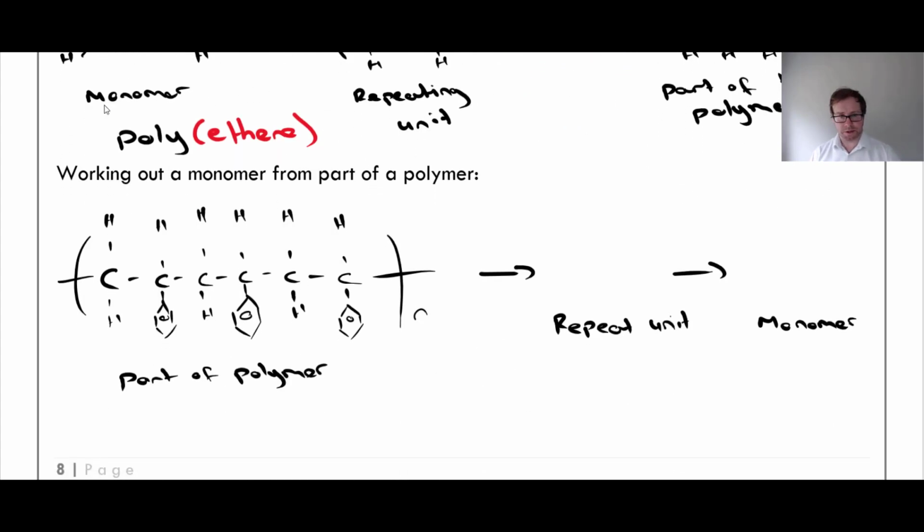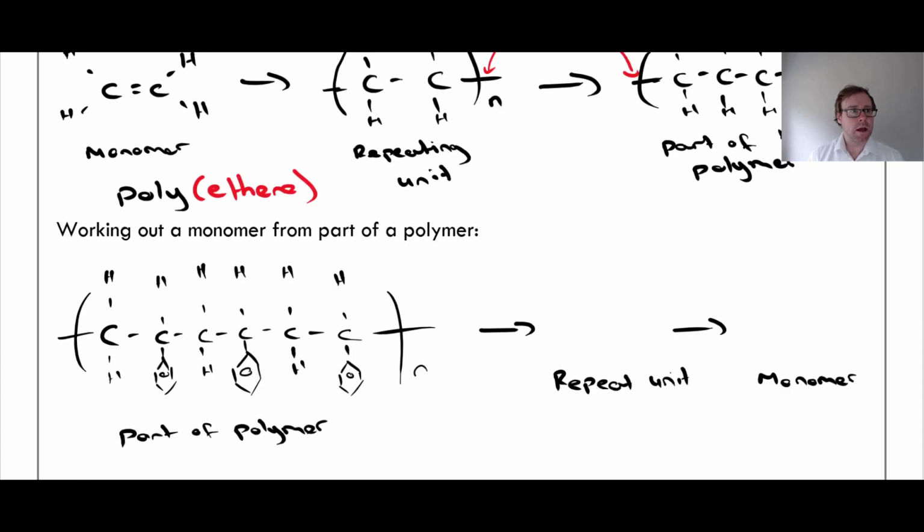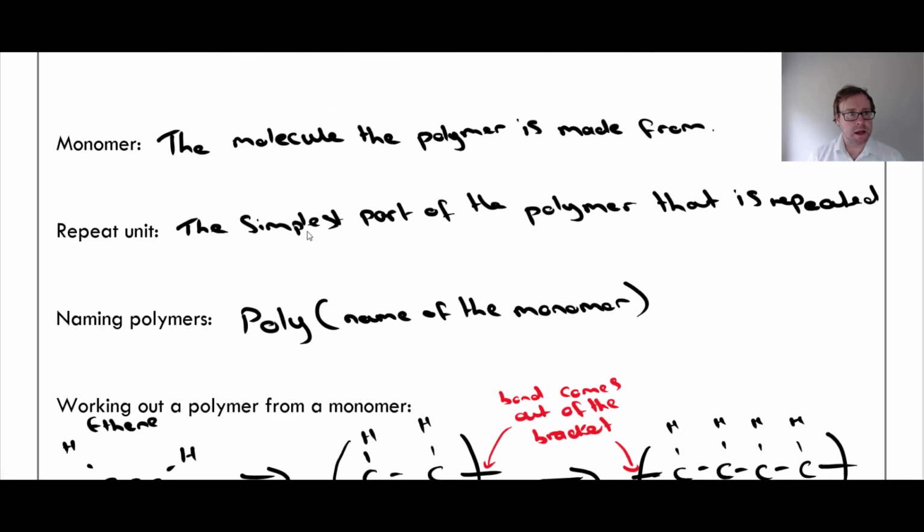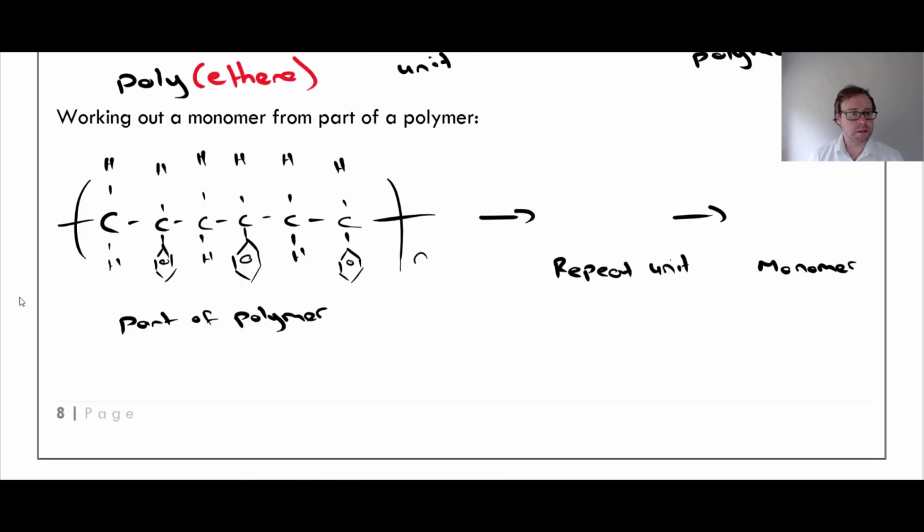Okay, right, moving on. So working out a monomer from part of a polymer. You can have a go at doing this, so see if you can work it out. Okay, I'll give you a couple of minutes. Okay, I'm sure you've managed to do this. So the repeating unit is the simplest part of the polymer that is repeated. So here we can see there's a benzene attached to a carbon and a hydrogen. So let's take this bit here. This must be my repeating unit. So it's repeated here and it's repeated here.